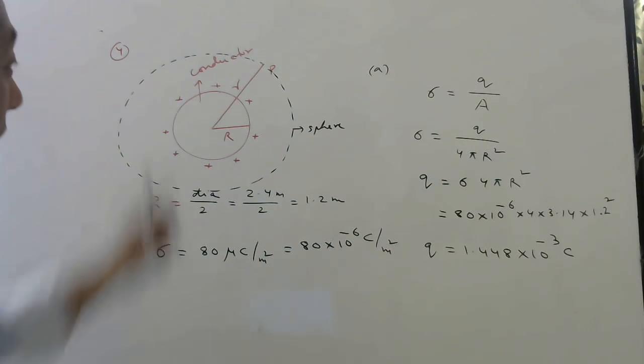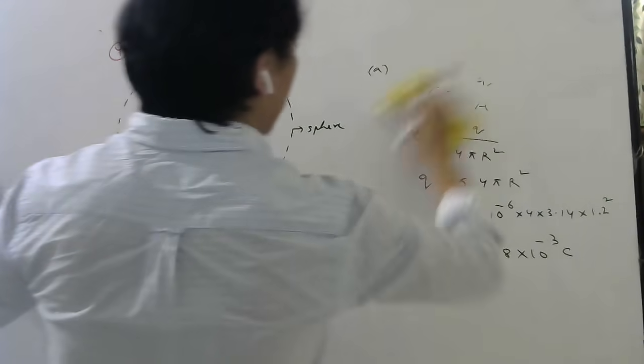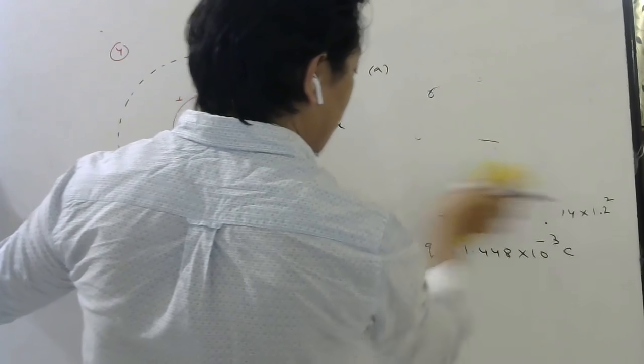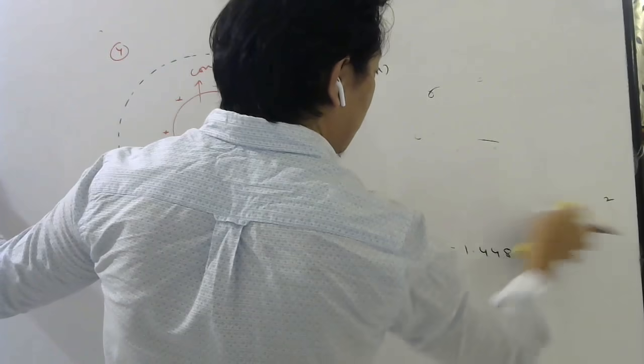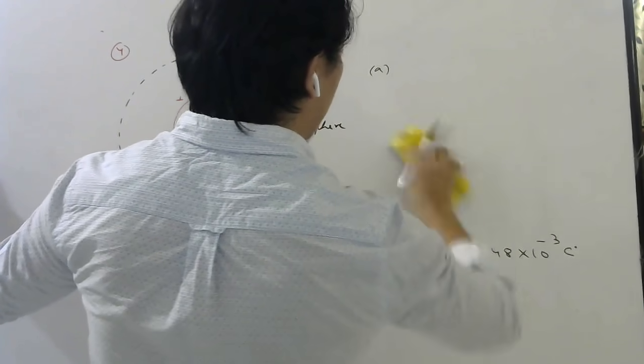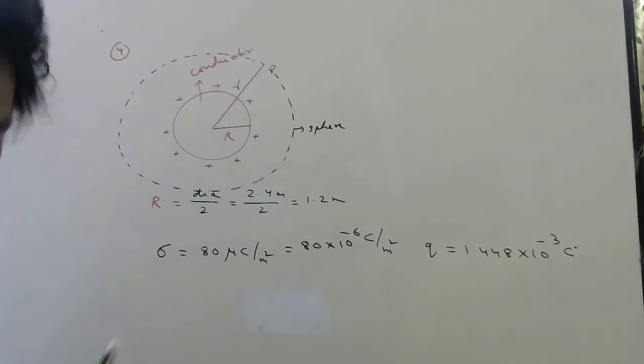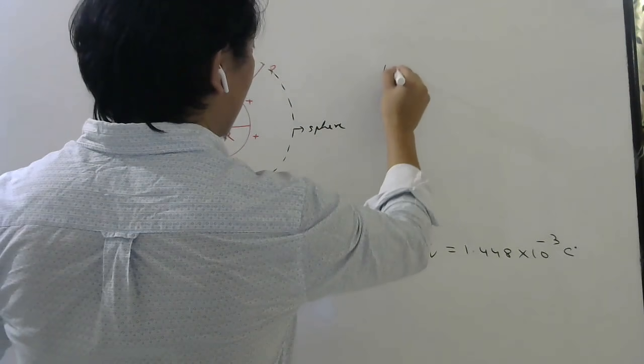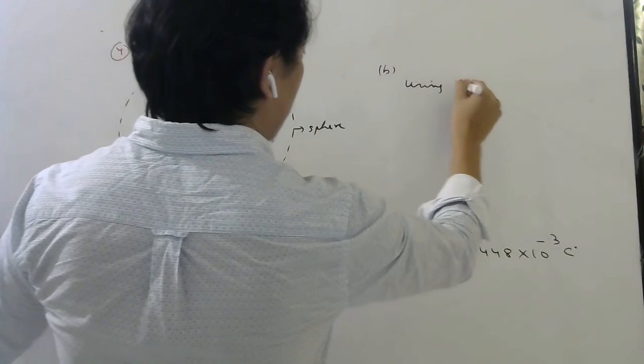So to find electric flux here, since we know the charge inside, no, we know the charge inside or not. So if you know the charge inside for a closed surface, then what will I use directly? Gauss law.